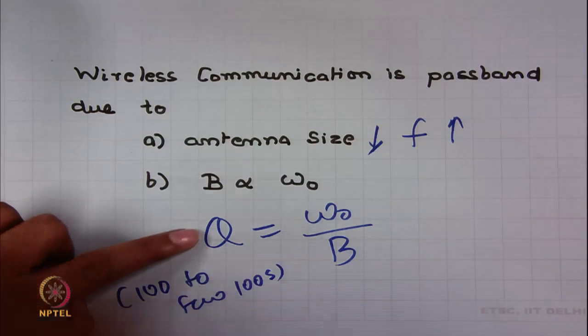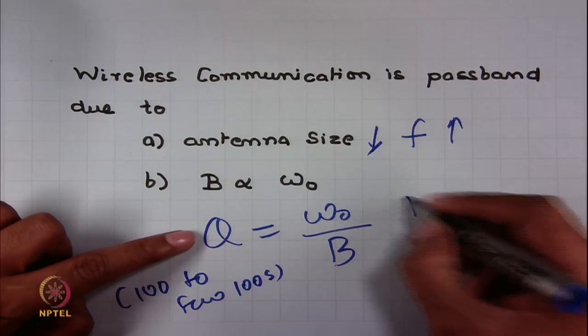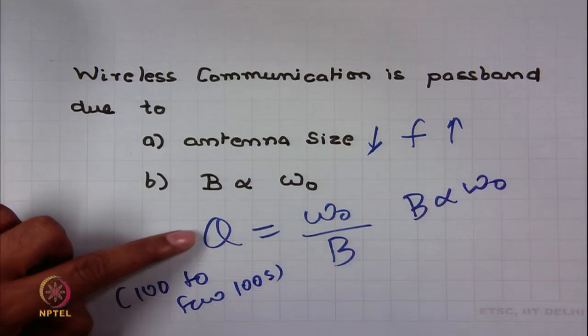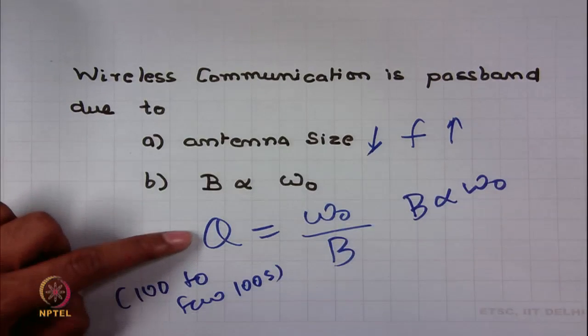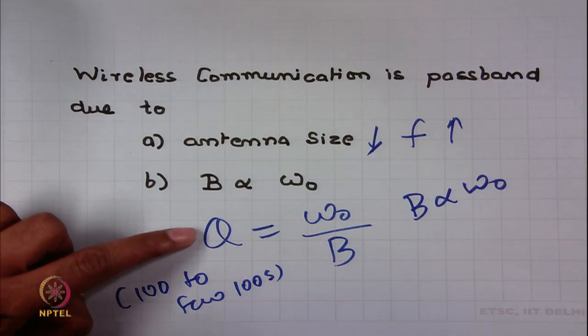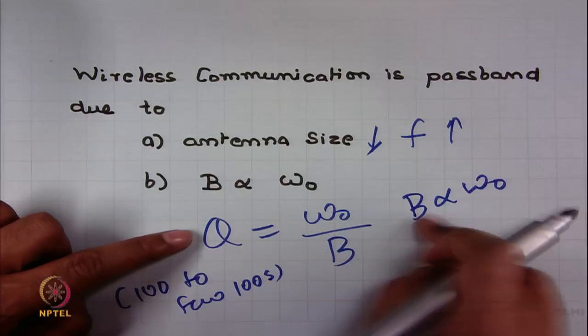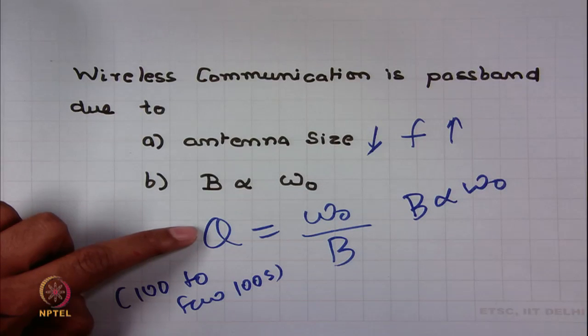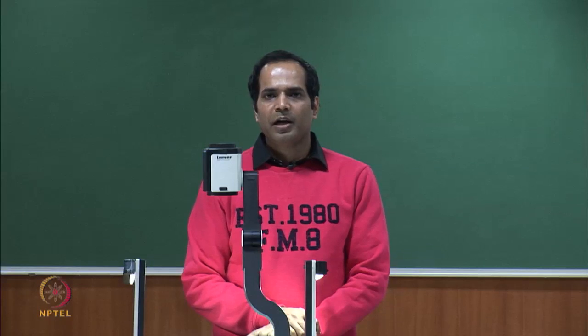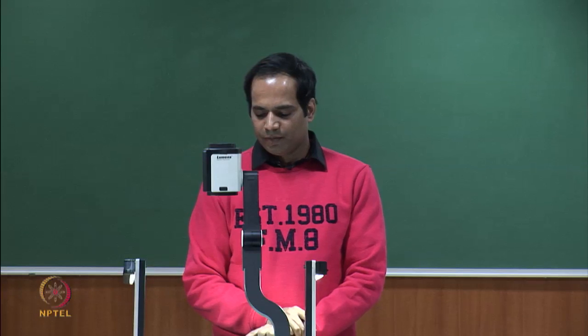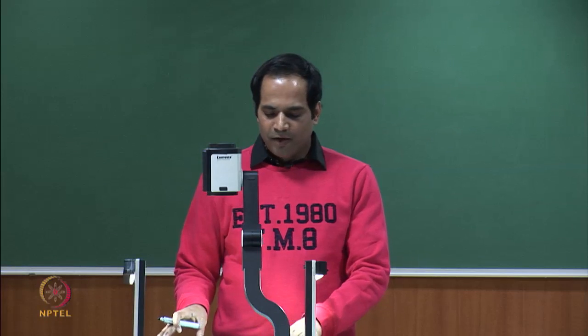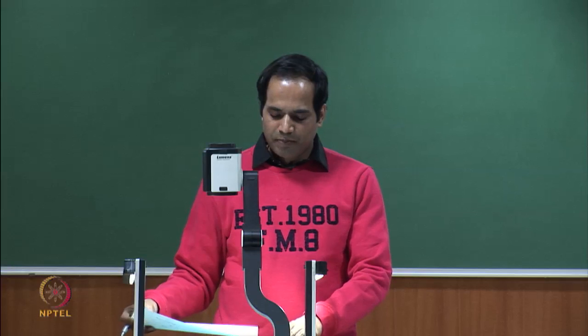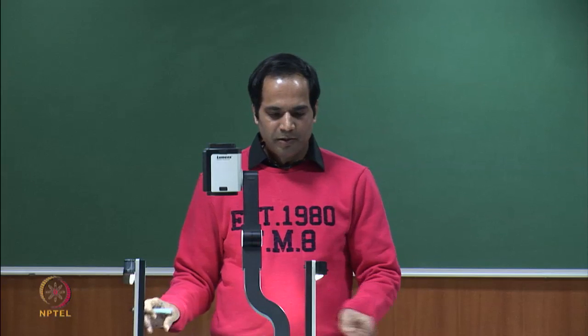So, what we then can say is that this bandwidth will be proportional to omega naught, where omega naught is the frequency of operation. So, what we are saying is as the frequency of operation increases, bandwidth of the system also increases, and that is the second reason why we love this passband communication, because it has the possibility to offer higher bandwidth. Okay.